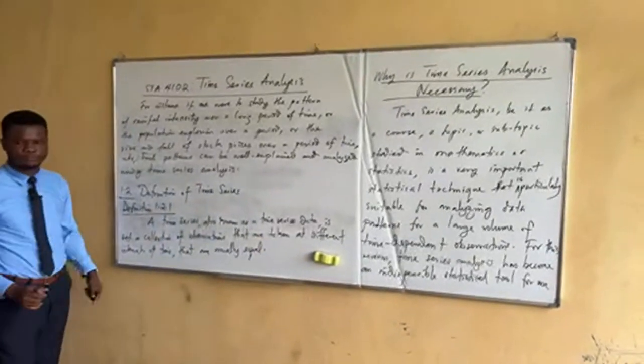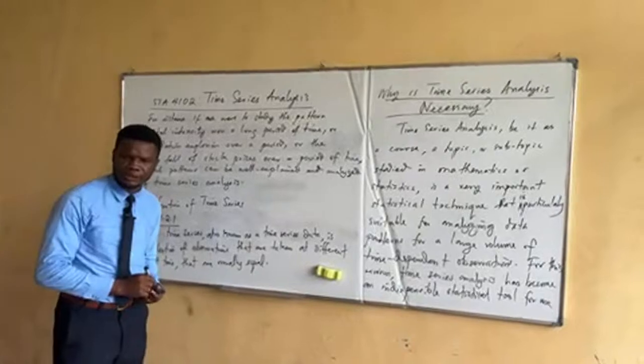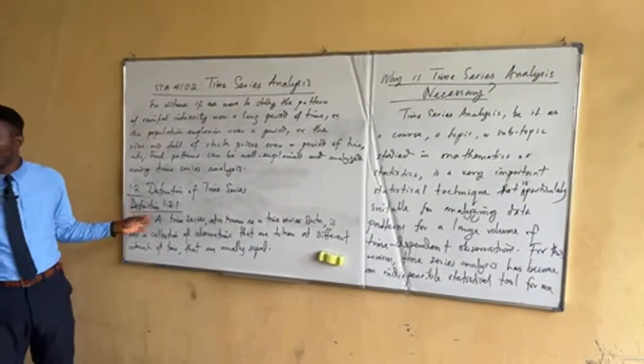Full stop. I'm going to explain what that means so that you don't think that it's the data that is equal. Not the data.